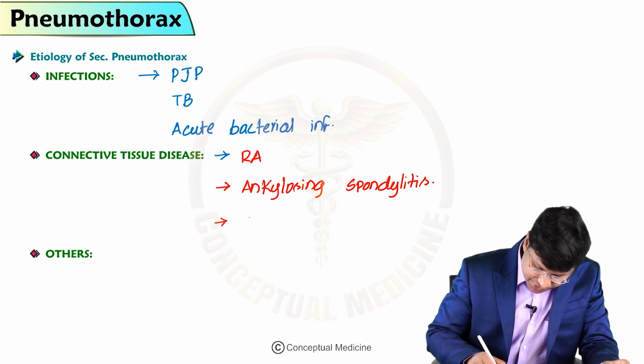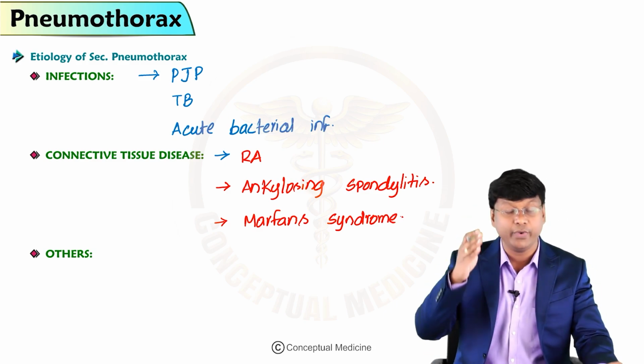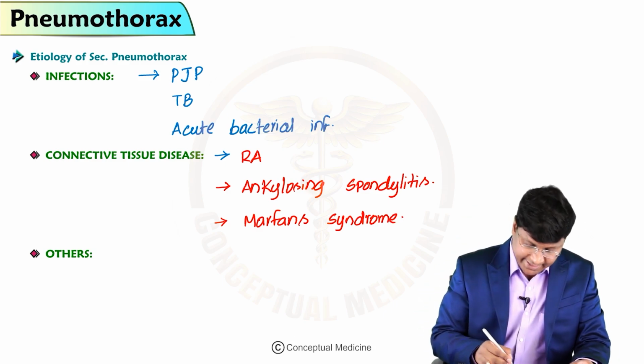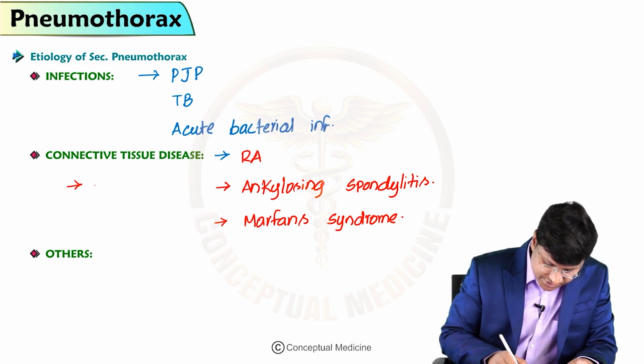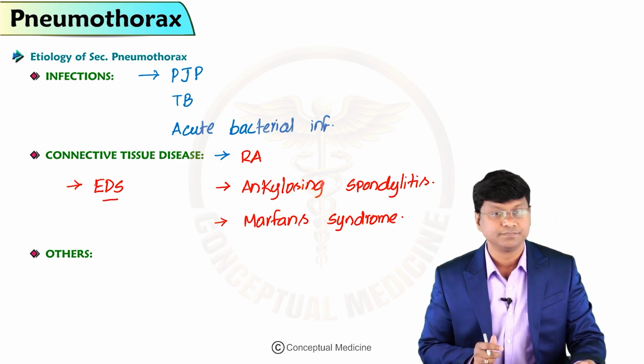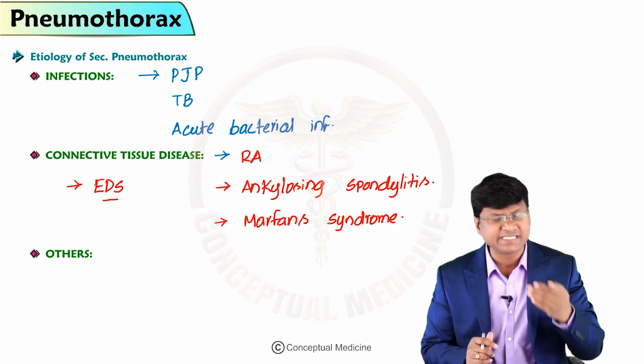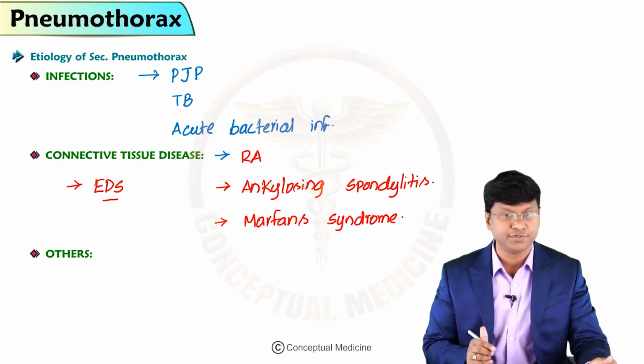Another important connective tissue disorder is Marfan syndrome. In patients with Marfan syndrome, if you observe the stature, they are of very tall stature. And another important connective tissue disorder is EDS. What does EDS stand for? Ehlers-Danlos syndrome.